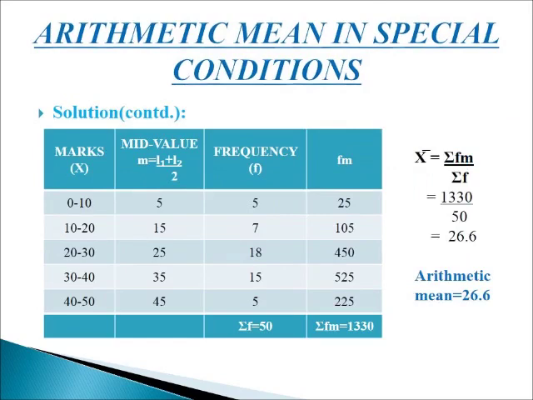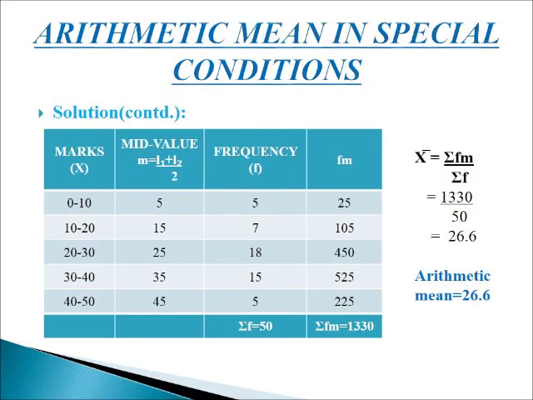To calculate mean under direct method, we have to make a table of 4 columns. In the first column, we will write marks, which is denoted by letter X. In that, we will write class intervals, which are 0 to 10, 10 to 20, 20 to 30, and so on. In the second column, we will write mid values, which we will get by adding L1 plus L2, which are lower class limit and upper class limit, divided by 2.